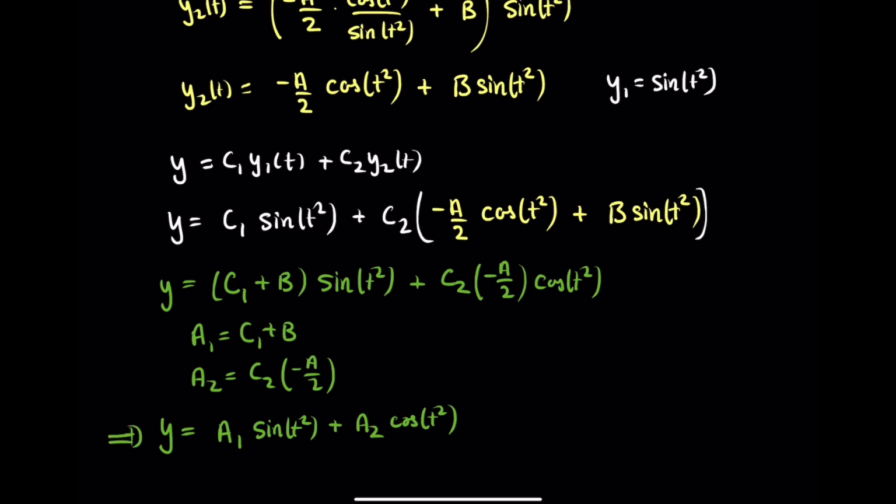I know it sounds weird that we took constants and made them into other constants, and this might be kind of confusing. But just know that A1 and A2 could be any constants. A1 is an element of the real numbers, and A2 is also an element of the real numbers. These could be any numbers, it doesn't matter.